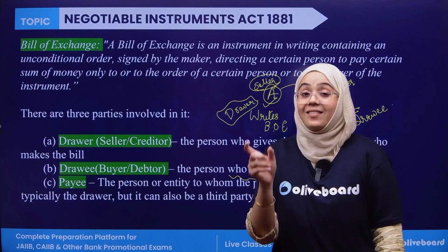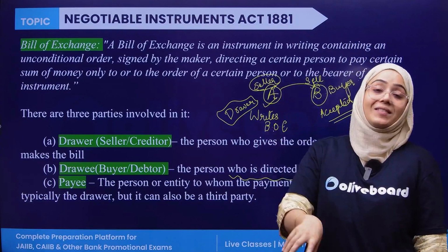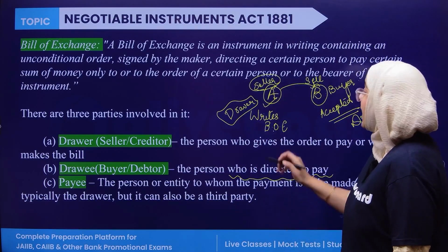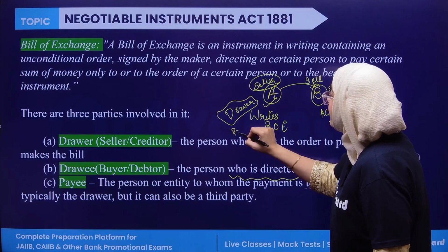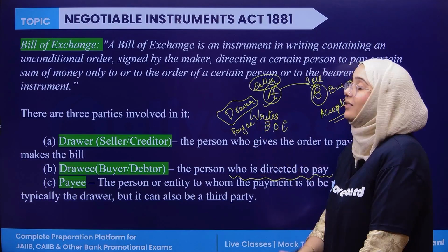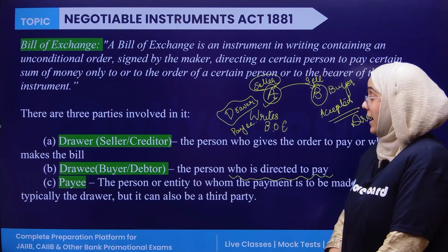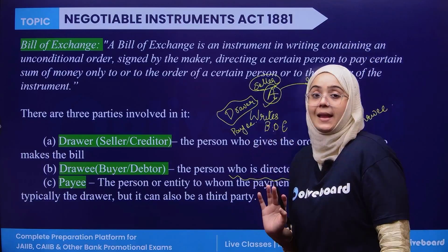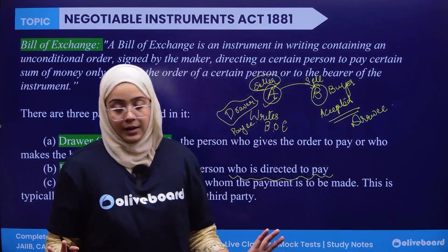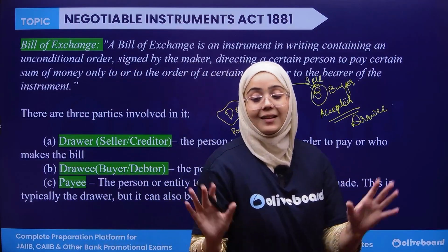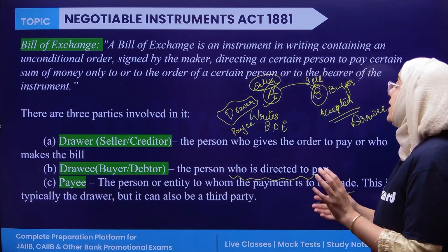So A is the person who is entitled to receive the payment also, and that's why A is considered as the payee also. So in this condition, the drawer and payee are the same person. Clear? Now, let us discuss an example where they are different persons.